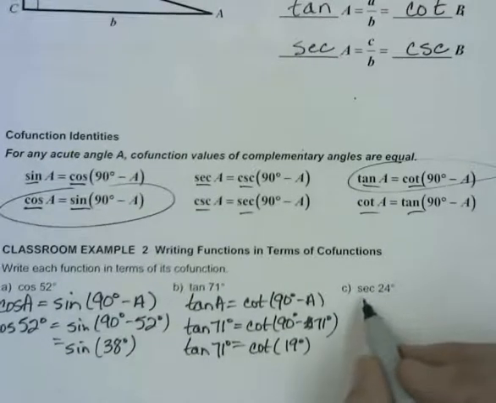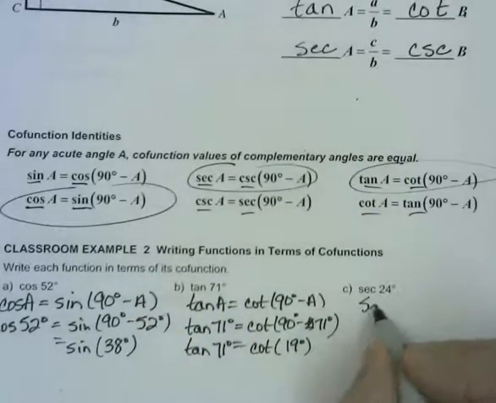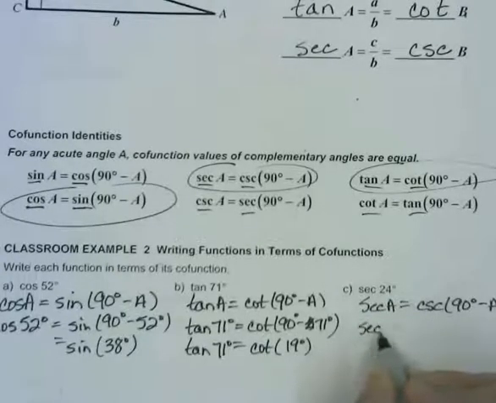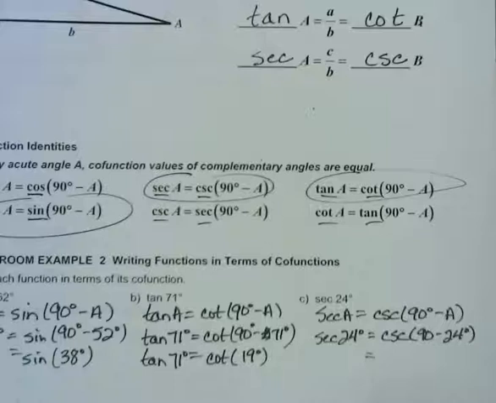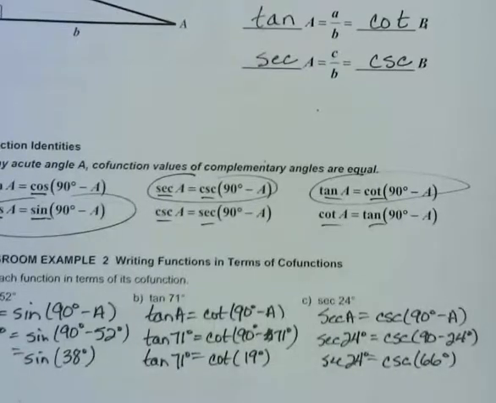Same for this one. The identity that starts with secant is this one. And I'm substituting in the 24 degrees for the A. And if I subtract those two, I get 66 degrees. Secant of 24 degrees is equal to the cosecant of 66 degrees.